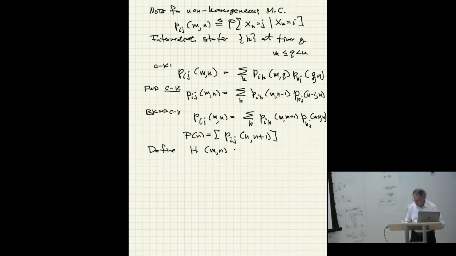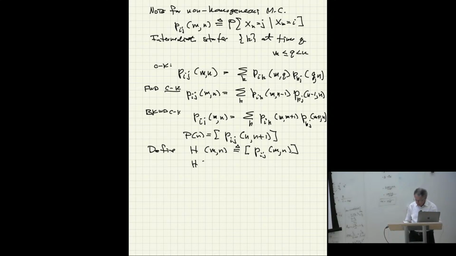And it's going to be defined as basically containing those elements, Pij of m and n. So these are the multiple step transitions.